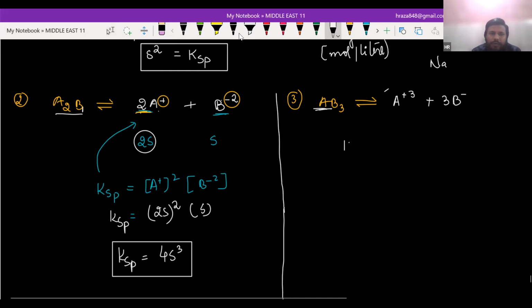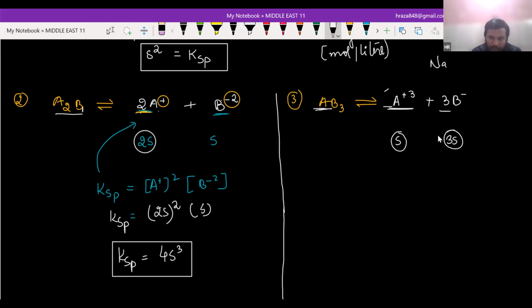First you have to write the solubility. Since it has coefficient 1, it will be S. Since it has coefficient 3, it will be 3S. So Ksp will be equal to, this is the cation, this is the anion and has coefficient 3, so it will be in power.